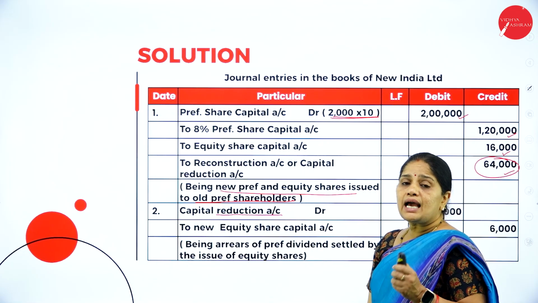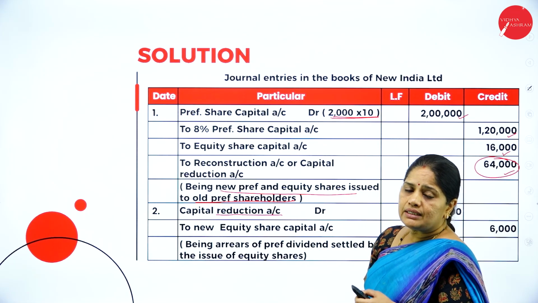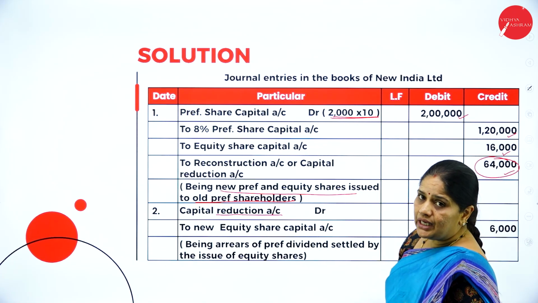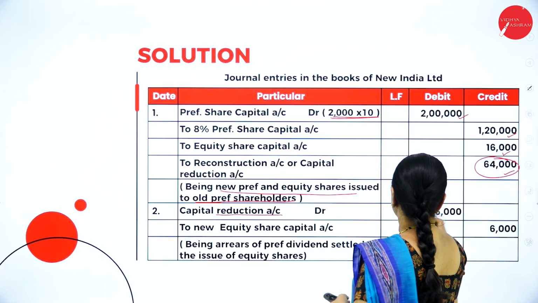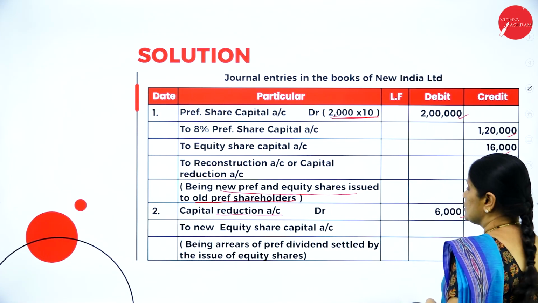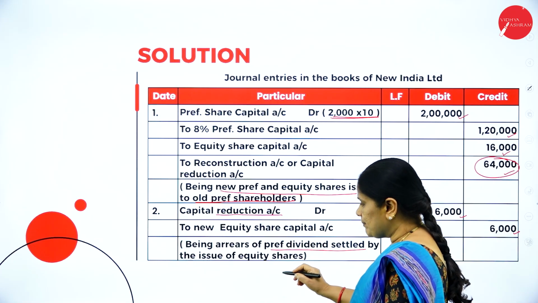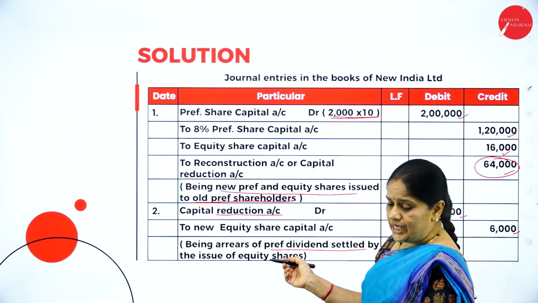So this is a liability which has to be paid by the company, and as such the capital reduction account will be utilized. So capital reduction account debit 6,000, to new equity share capital account 6,000, being arrears of preference dividend settled by issue of equity shares.